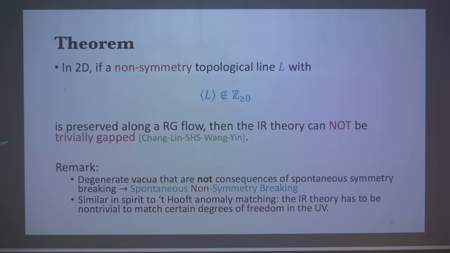So if you wish, you can think of it as a spontaneous non-symmetry breaking. And also, as I mentioned earlier in the talk, this is similar in spirit to the 't Hooft anomaly matching. The IR theory has to be non-trivial to match certain degrees of freedom in the UV. In this case, it's the non-symmetry line in the UV, which is preserved along the flow.